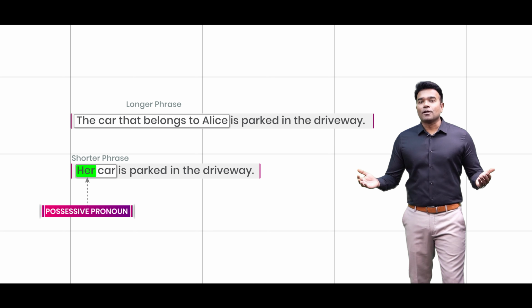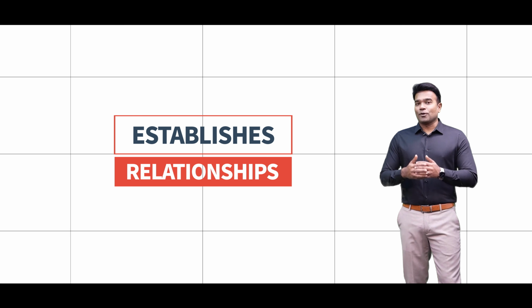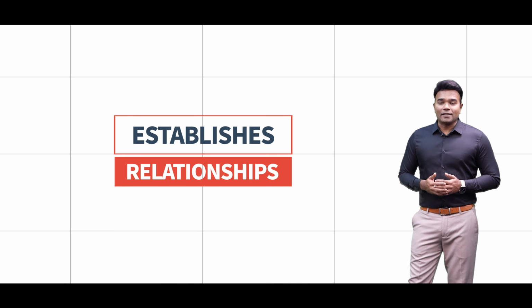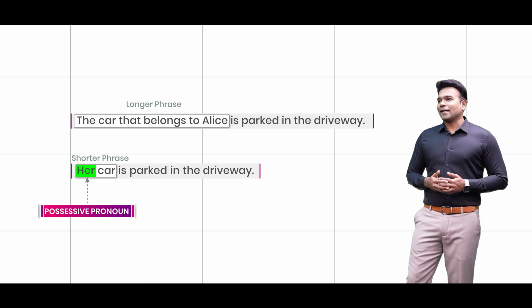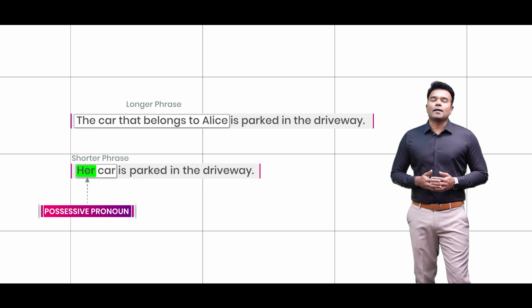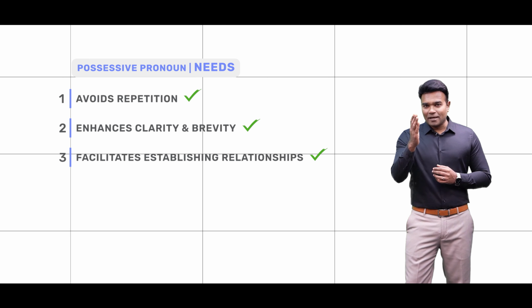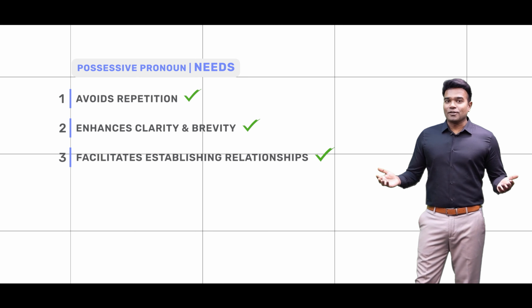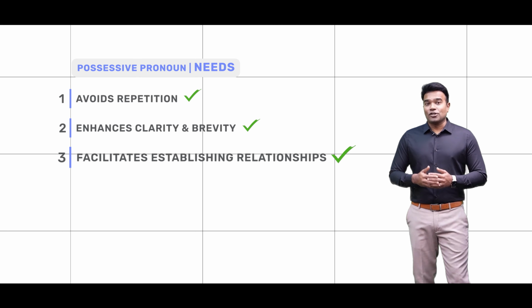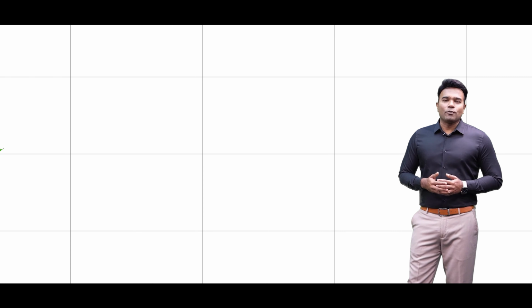Moreover, using the possessive pronoun her immediately establishes the relationship between Alice and the car, and this indicates to us that it is Alice who owns the car, and here the possessive pronoun her is precisely indicating that. So I'm sure that through this example you have been able to understand that possessive pronouns also facilitate establishing relationships. Anyway, let me give you one more example to substantiate this point for you.